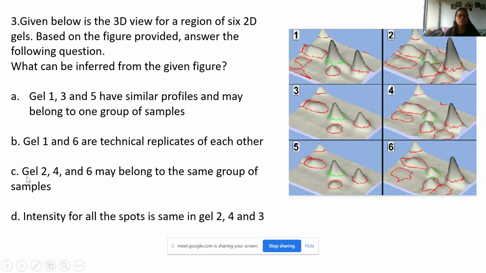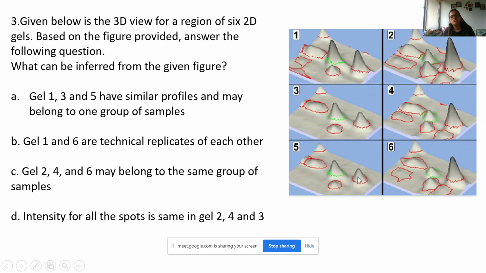Now coming to option C: gel 2, 4 and 6 may belong to the same group of samples. So that is 2, 4 and 6. We have to see from this image how similar they are. If they belong to the same group, there will be some similarity in it, as we discussed for 1, 3 and 5.